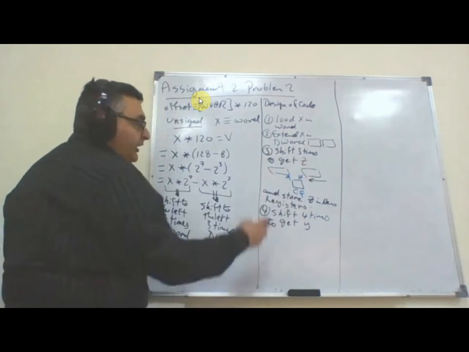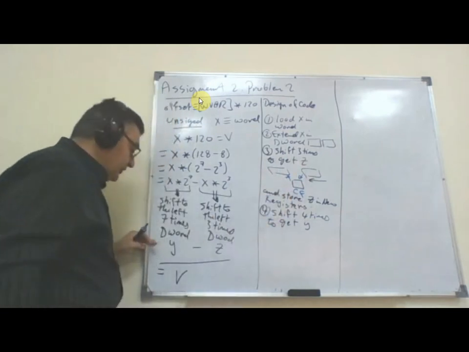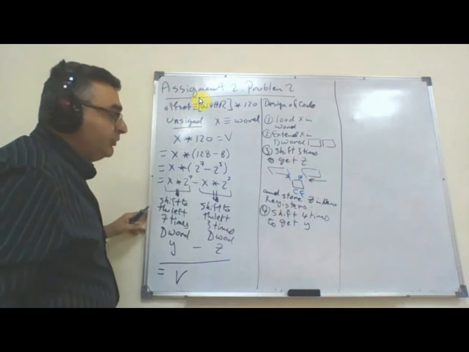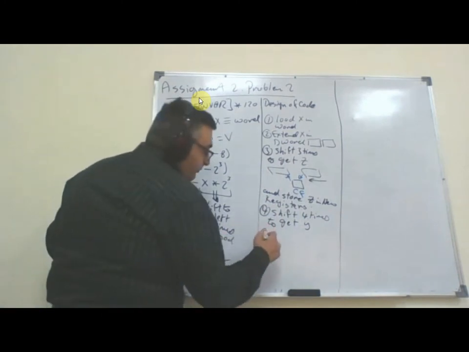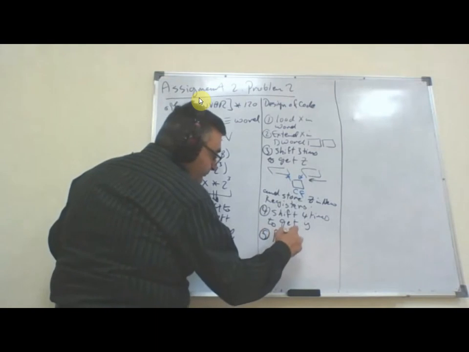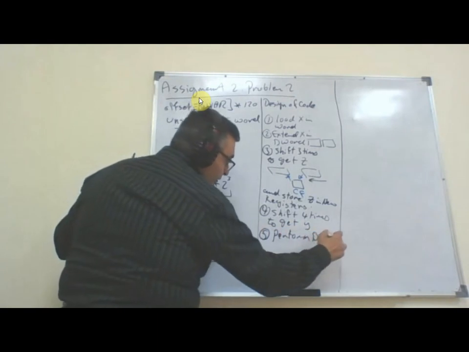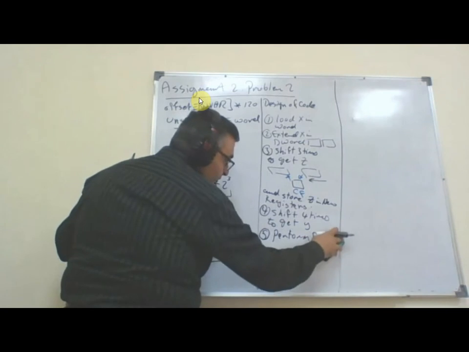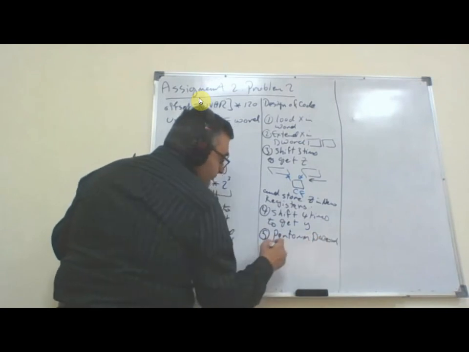After getting Y, I have Z in 2 registers, and Y in 2 other registers, and finally I will perform a double word subtraction.